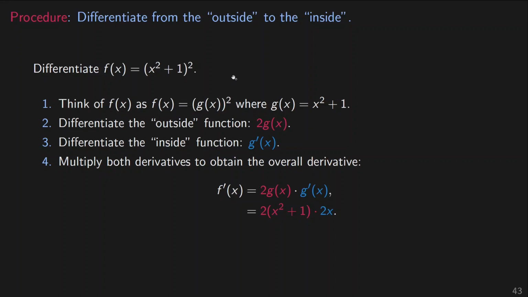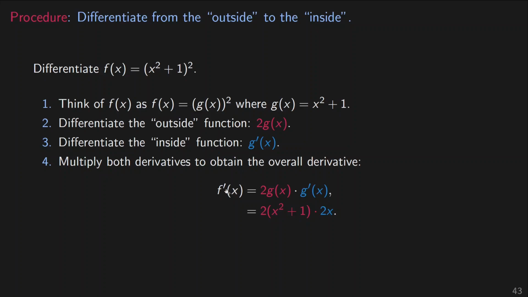And what you do then is you differentiate from the outside towards the inside. So first I differentiate the outside function. The outside function is a square function, right? So something to the power 2. So that means that that's 2 times something. And then I differentiate the inside function, and that's in this case g prime. And then you multiply those two different derivatives to obtain the overall derivative of the composite function.